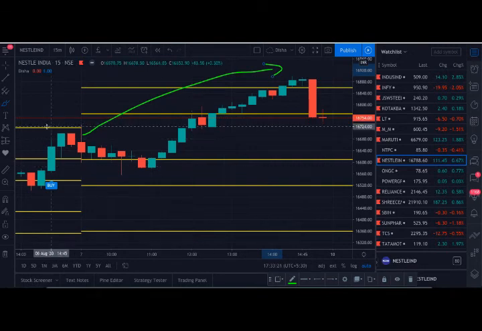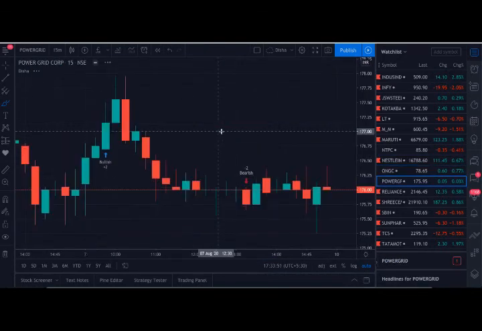Let's say in the same case, you want to take the entry the next day. You can take the entry the next day, because here it hasn't changed any direction or given any sell call the next day. So the buy and the bullish trend is still valid for the next day.